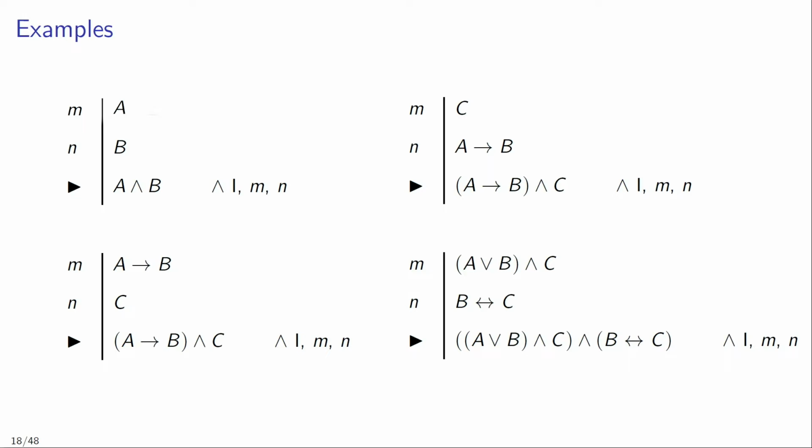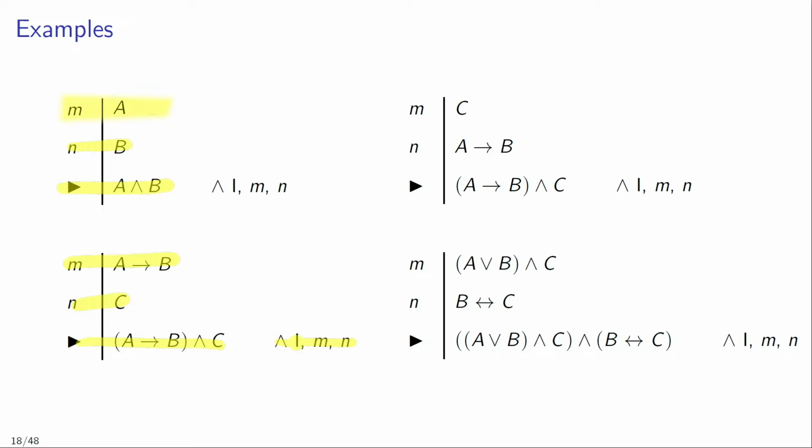As we have seen, if in one line of your proof you have the sentence A, and in a different line of your proof you have the sentence B, you can infer A and B. Similarly, if in one line of your proof you have the sentence if A then B, and in a different line of your proof you have the sentence C, you can infer the conjunction if A then B and C, and justify this inference using the rule conjunction introduction applied to lines M and N.